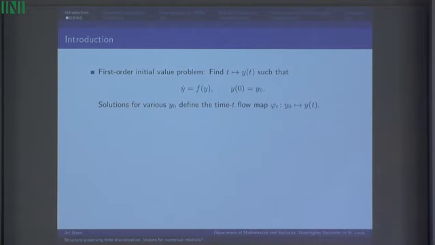Now, I'm typically going to be thinking of classical systems of ODEs, where we think of y as living in d-dimensional Euclidean space, but it could also live in some function space, possibly even infinite dimensional, or it could be on a manifold. But for now, you can think of everything as being in R^d. Suppose we have existence and uniqueness of solutions for various initial conditions.